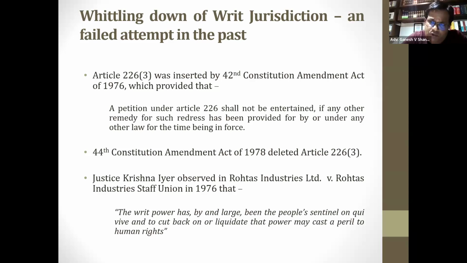Then emergency was declared, and post emergency the Janata government came up and undid whatever Congress had done and deleted Article 226(3), which had a major impact on citizens, who could not go to the High Court if there was a statutory remedy available, even if it was not effective, even if it was burdensome. No questions were supposed to be asked, and High Court was not a remedy available at that time.